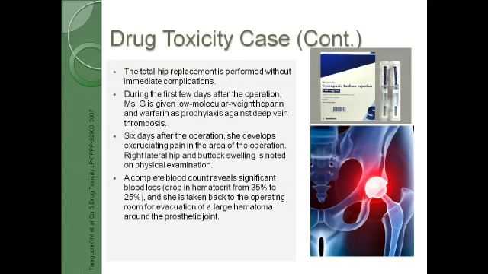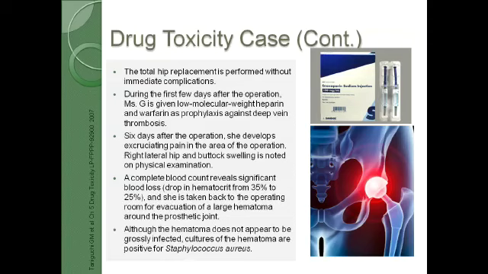A complete blood count reveals significant blood loss, and she's taken back to the operating room, and this hematoma, the bleeding accumulated around the operation site, was evacuated. So what do we see here? The anticoagulants, which prolong the bleeding time, their adverse effects have occurred mixed together with the operation.